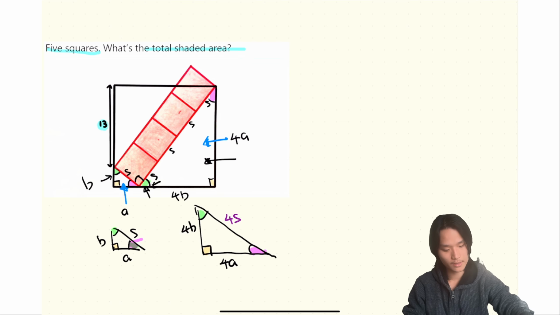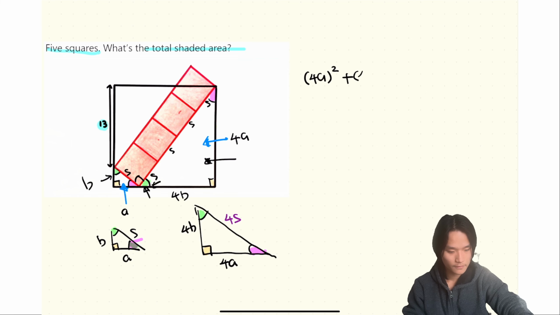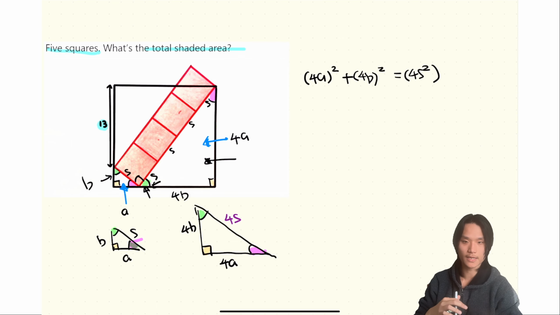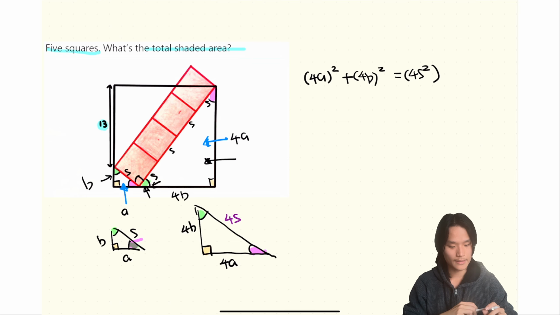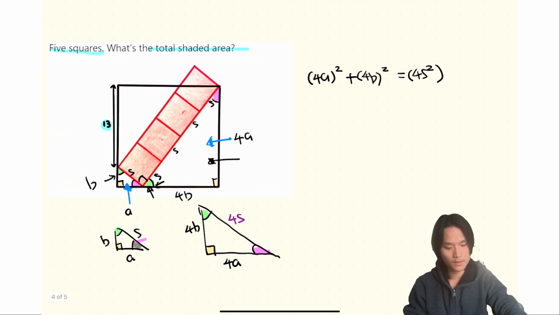So in our case, we have 4a squared plus 4b squared equals 4s squared. We're gonna leave it for now. I'm gonna come back to this equation later.